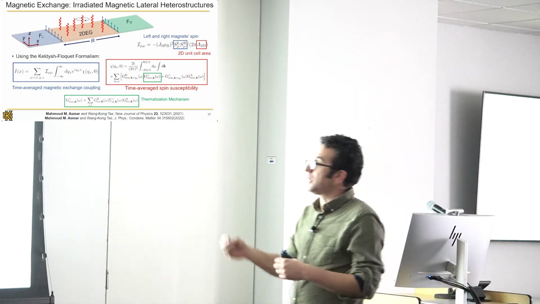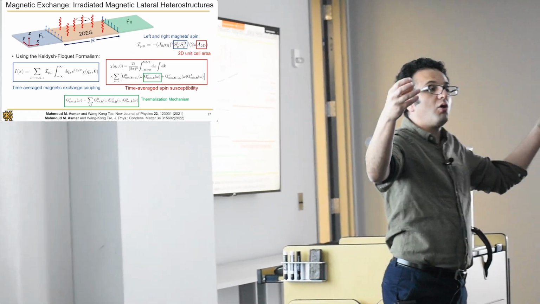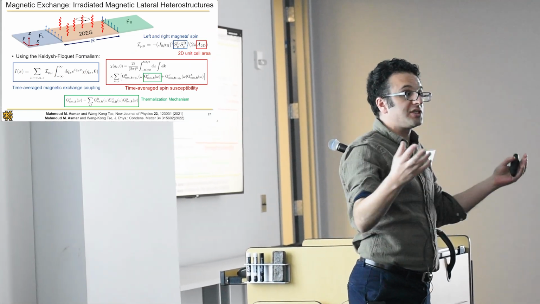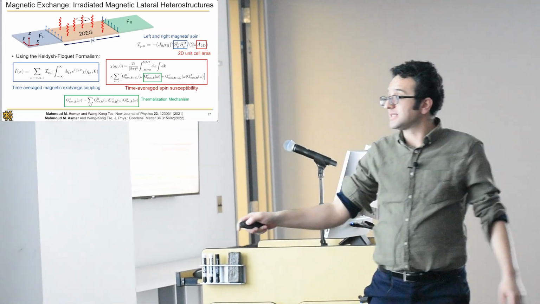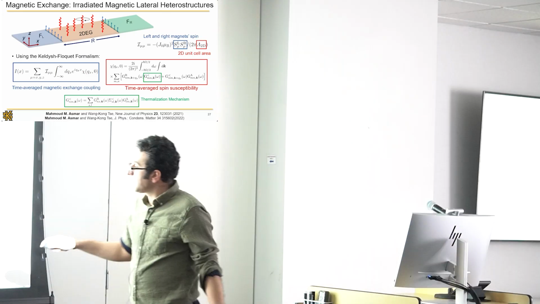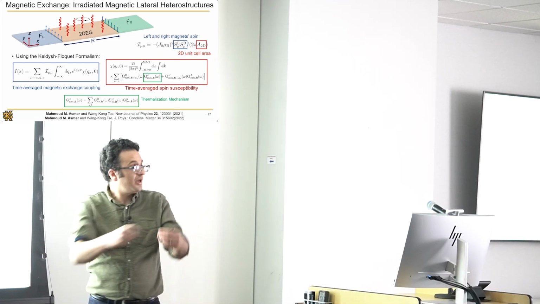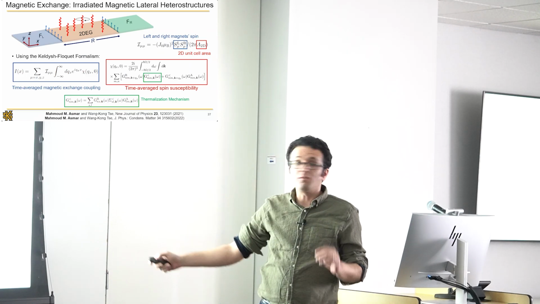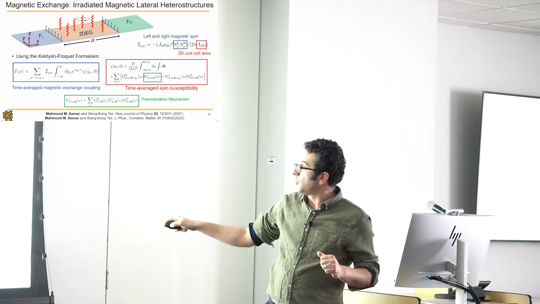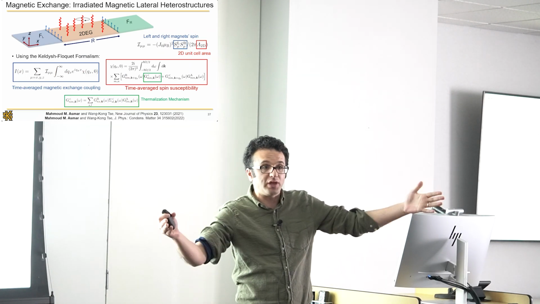This could be either the coupling to a fermionic bath, which are the metallic leads, or the coupling to a bosonic bath, which is the phonons in my material. In this case, we choose a fermionic bath, and here this sigma is the self-energy of my fermionic leads. Okay, so this way we achieve thermalization. And through this formalism, we're able to find the time average magnetic exchange between these two ferromagnets.